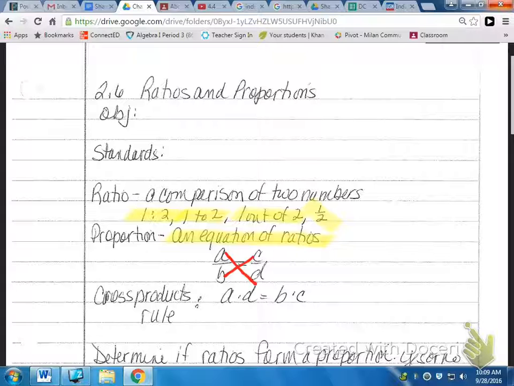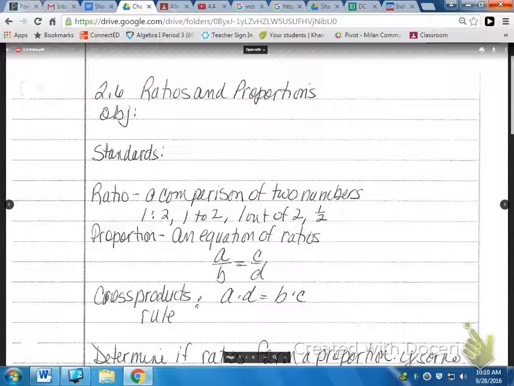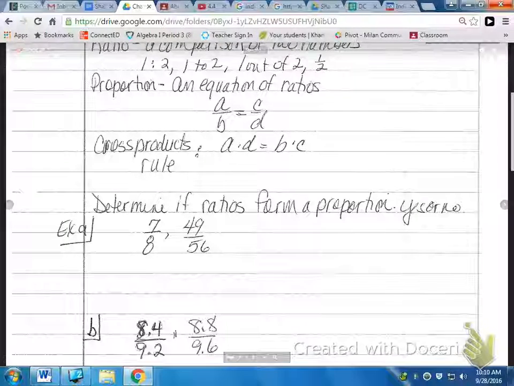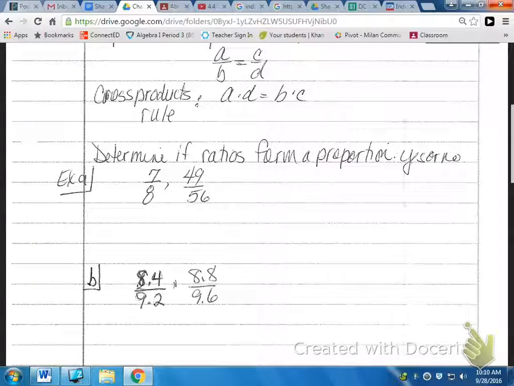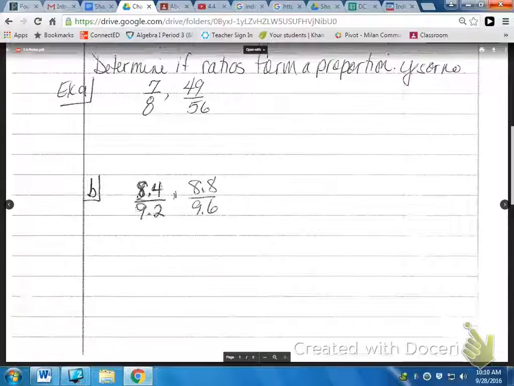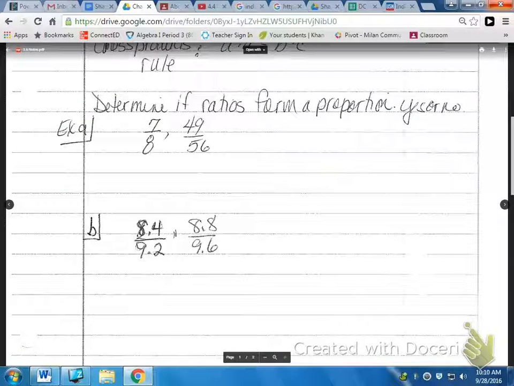All right, so let's start off with going back a little bit and looking at ratios and determining if they are a true proportion. Okay, so we're trying to decide if these things are a proportion. You can use the cross product rule for that. So we're given two ratios, 7/8 and 49/56.